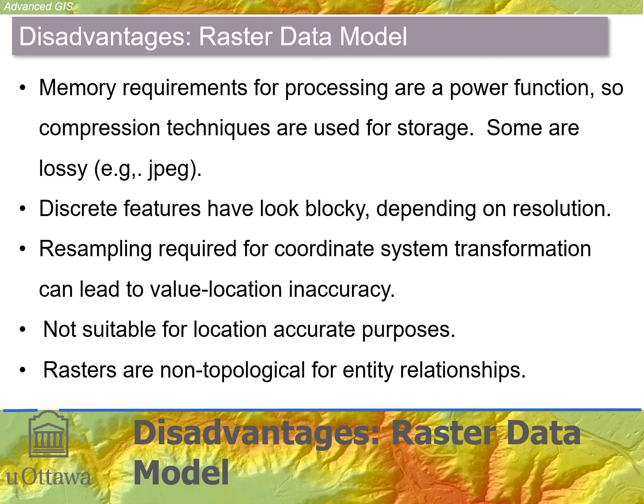Another thing is resampling is required, and you'll see what that is later on in one of the other modules, but it's required for coordinate system transformation. And this leads to value location inaccuracies or changes. Unlike with vector data, which is very precise when changing boundaries, with raster data, we have to create a new raster in the new spatial coordinate system, and then assign that new raster cells from the old spatial coordinate systems and their values.